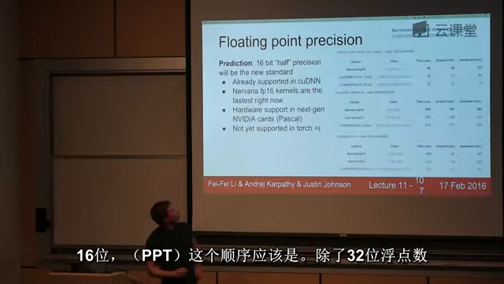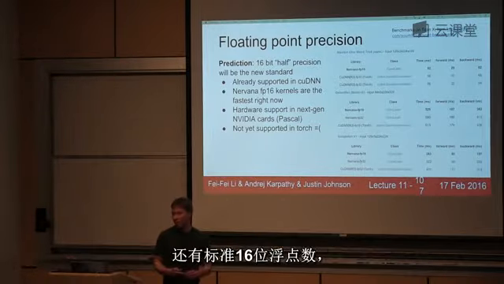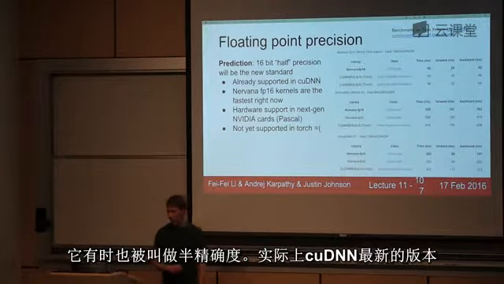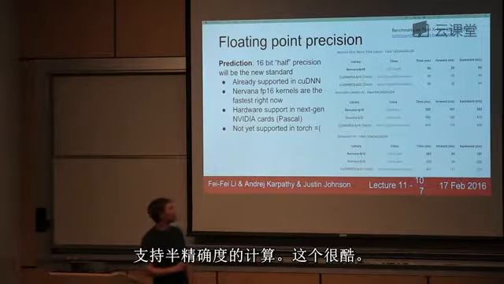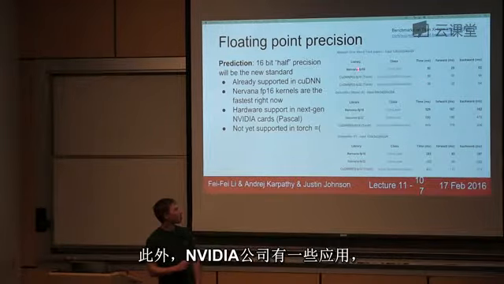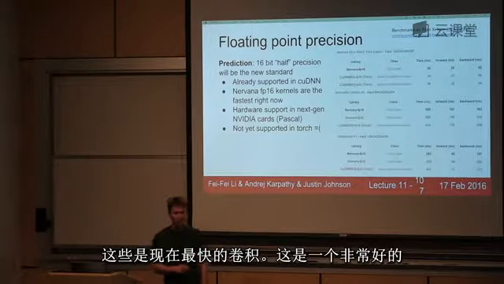In addition to 32-bit floating point, there's also a standard for 16-bit floating point, which is sometimes called half precision. Recent versions of cuDNN do support computing things in half precision, so that's cool. There are also some other existing implementations from a company called Nervana, which also has 16-bit implementations. These are the fastest convolutions out there right now.